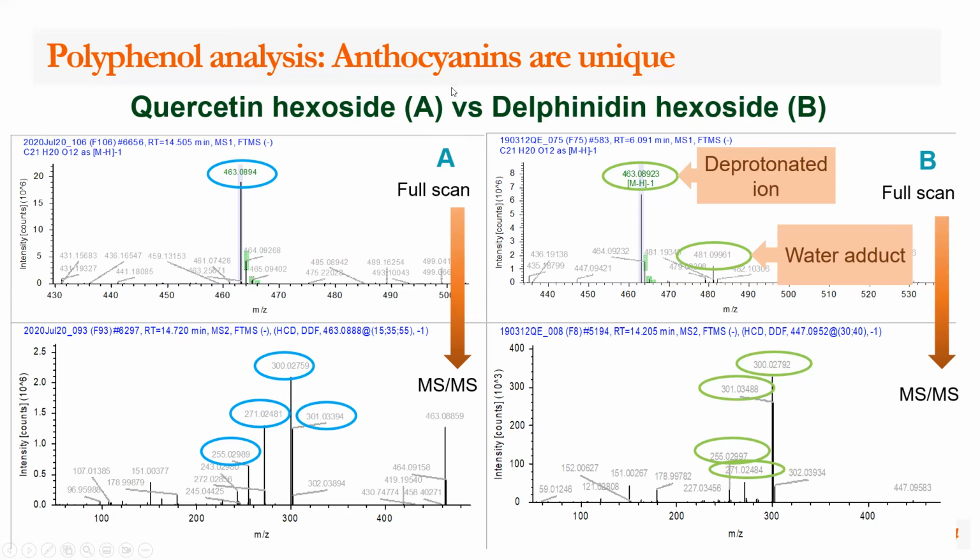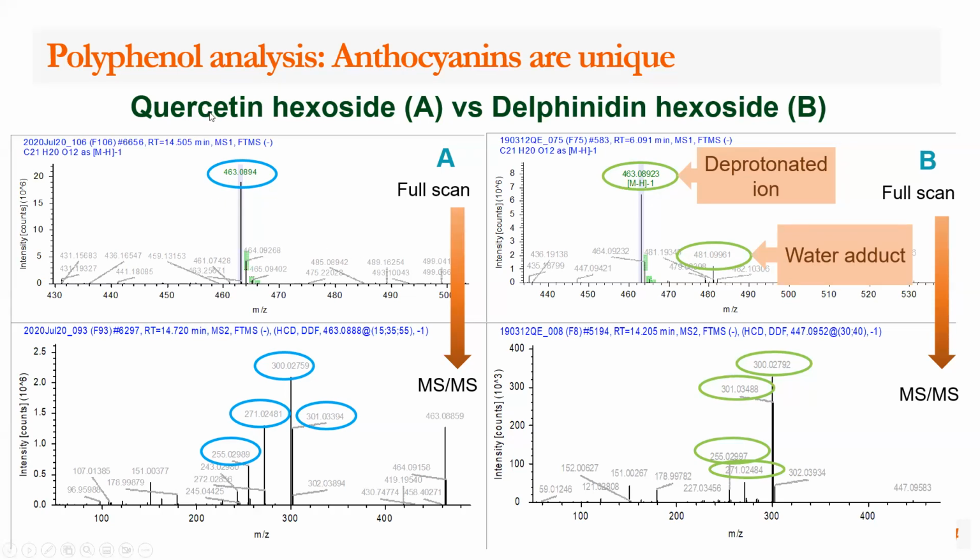The main thing I noticed is that anthocyanins, the compounds with positive charge, usually show a water adduct, which means the precursor ion is there, and there is another ion at plus 18. This is a very common pattern for these compounds. So if we see this in a mass spec chart, we can say, okay, this is an anthocyanin, without going further. We then go on to identify which anthocyanin it is.